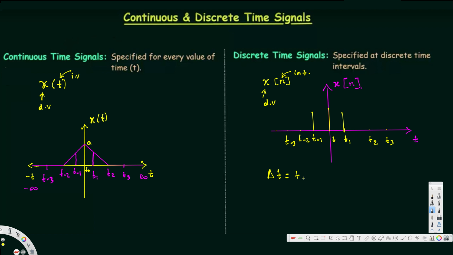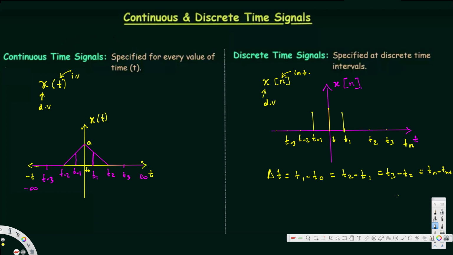Sometimes we will have t1 minus t0 equal to t2 minus t1, equal to t3 minus t2, and so on until the final part, tn minus tn minus 1. So this may or may not be equal.